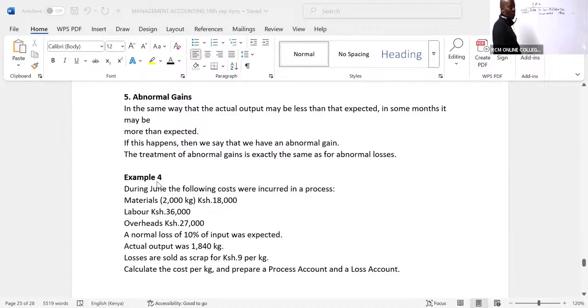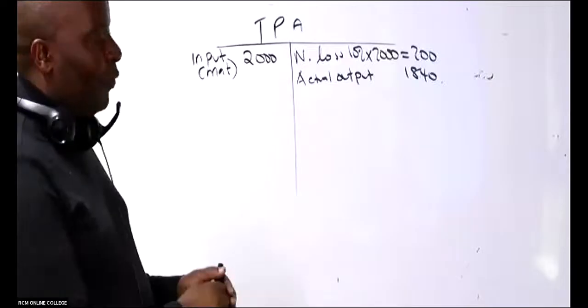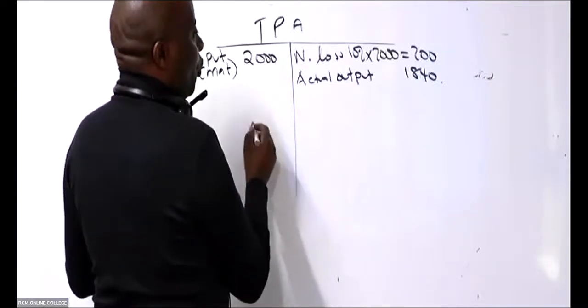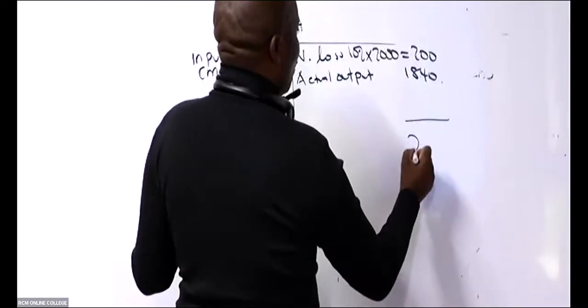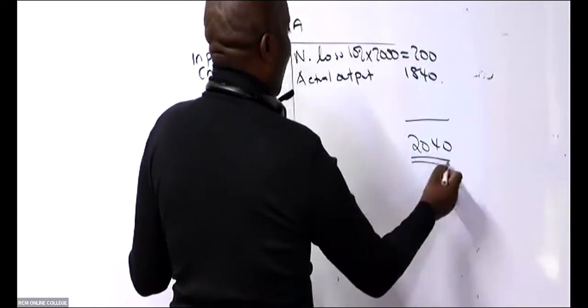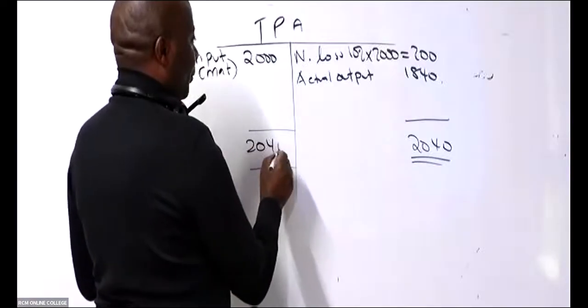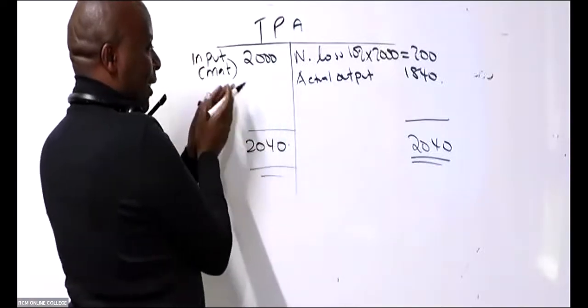So, and that is it. Go ahead and do your balancing figure. In this case, if you're keen enough, you must have realized that this side is heavier. This side is 2040. So the balancing figure is coming here.